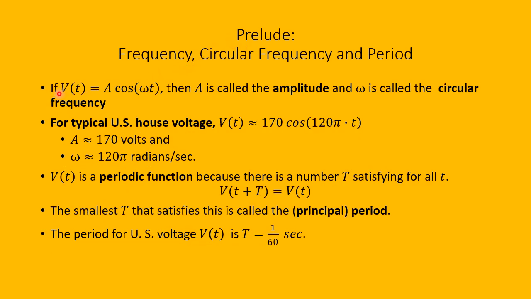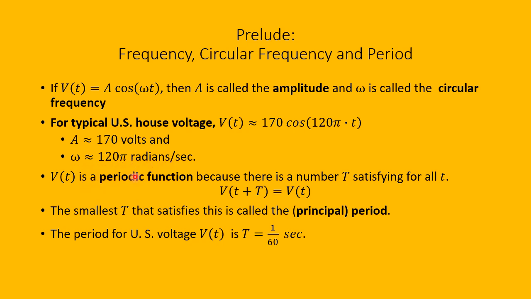So if V of t equals A cosine omega t, then A is called the amplitude of the periodic function, this cosine function, and omega is called the circular frequency. So for a typical US house voltage, where V of t is about 170 cosine of 120 pi times t, the amplitude is 170 measured in volts, for instance, and omega is 120 pi radians per second.